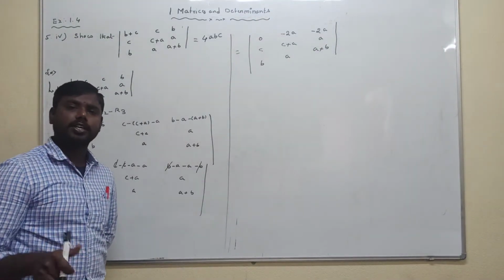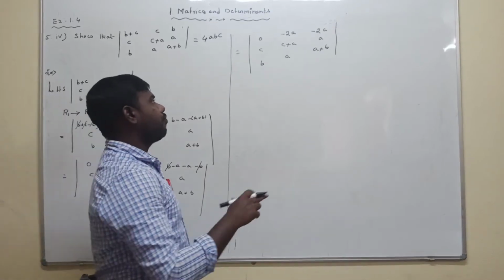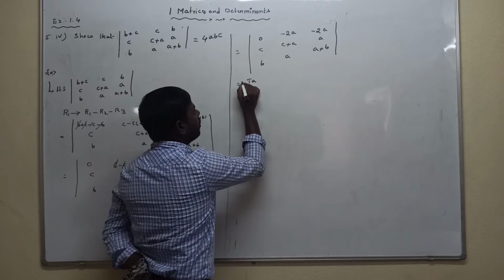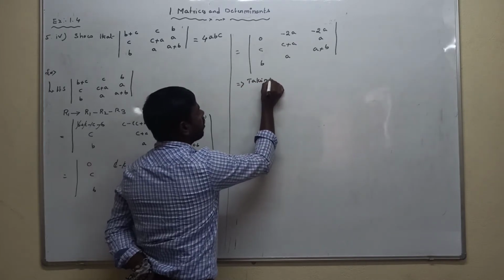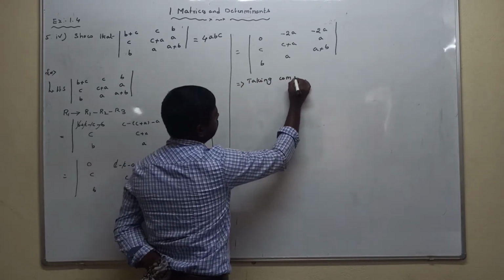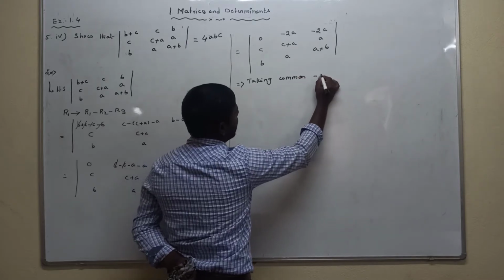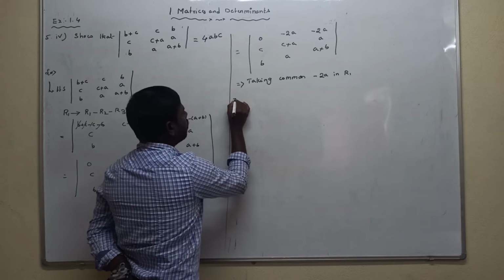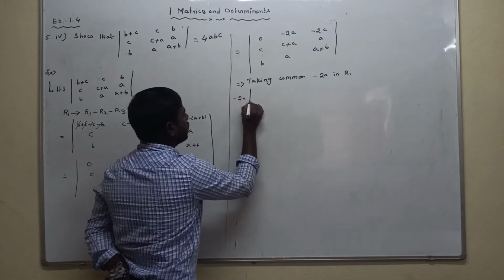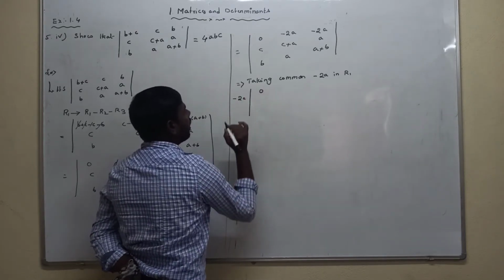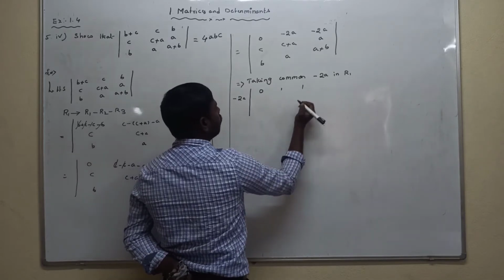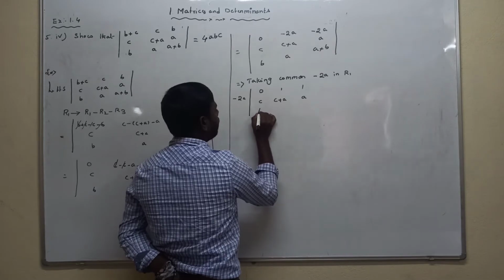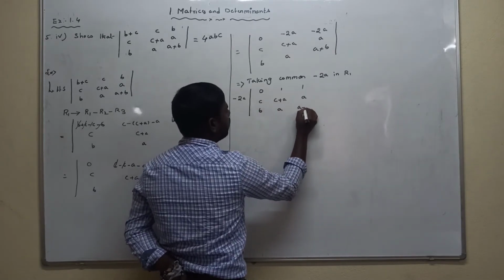Now we should apply the determinant condition, taking common minus 2a outside from the first row. So now we are taking common minus 2a from the first row. We get the elements 0, 1, 1; c plus a, b, a plus b.